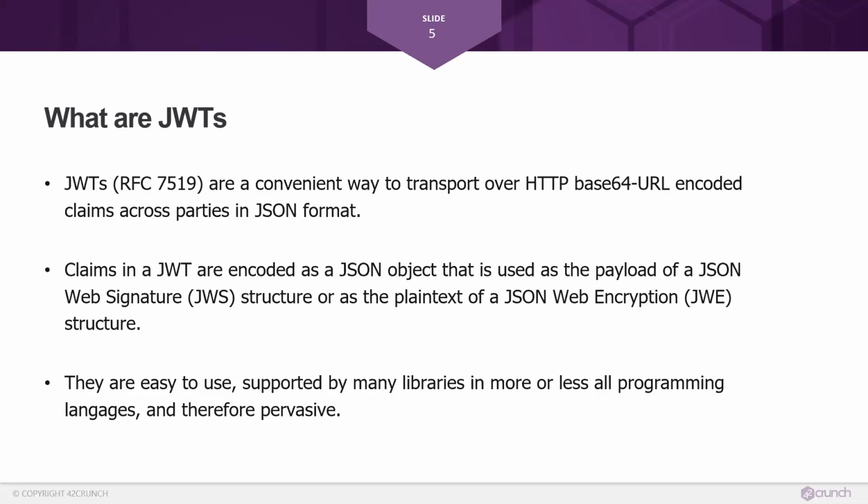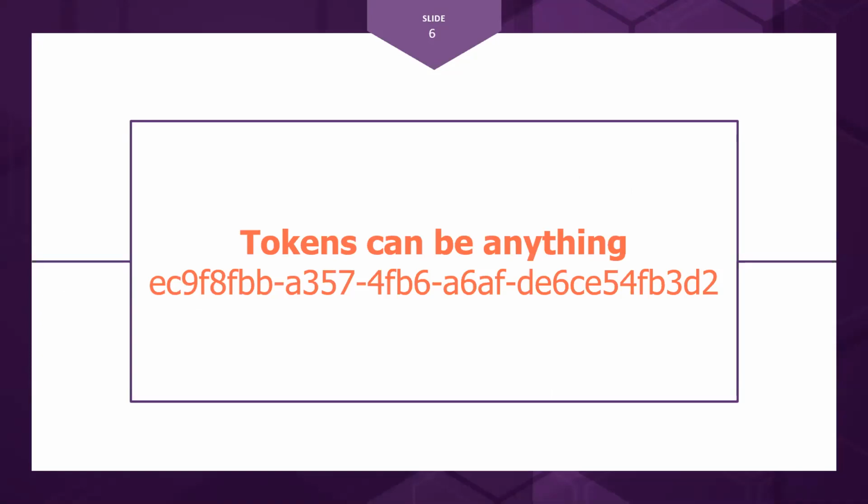JWTs are easy to use, supported by a lot of libraries in a lot of languages, and so it's really easy to use, and that's why they are pervasive. Tokens by themselves can be anything.